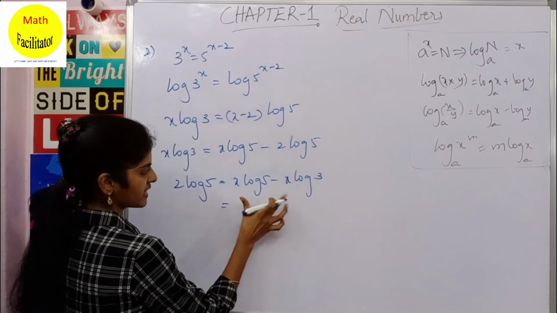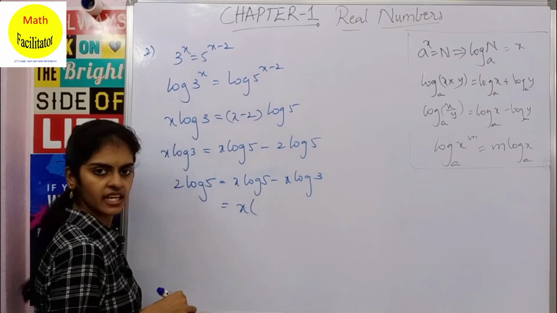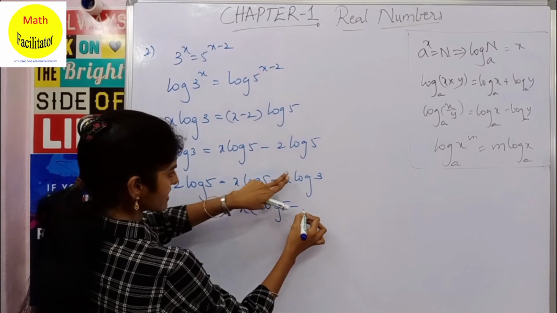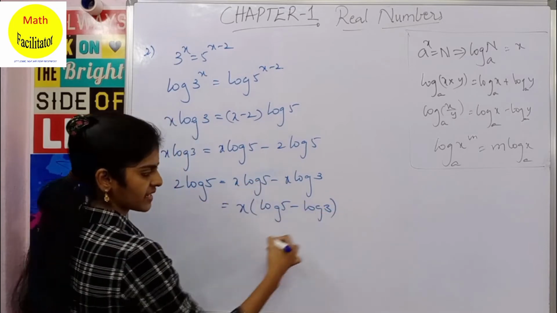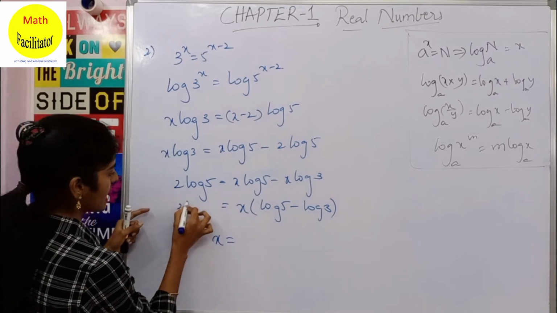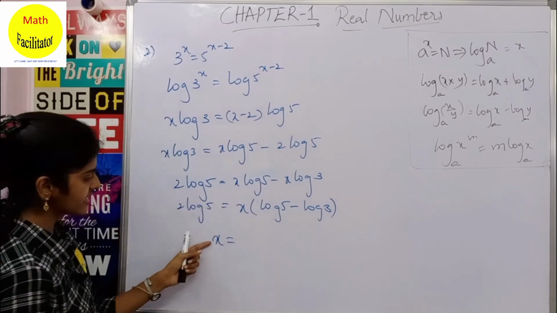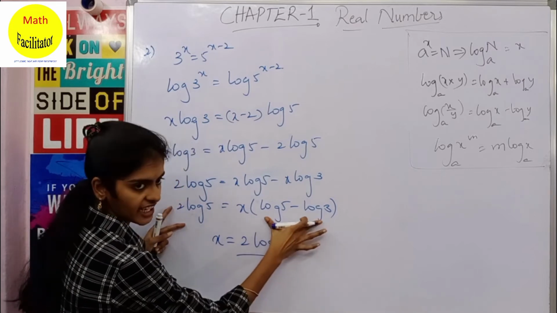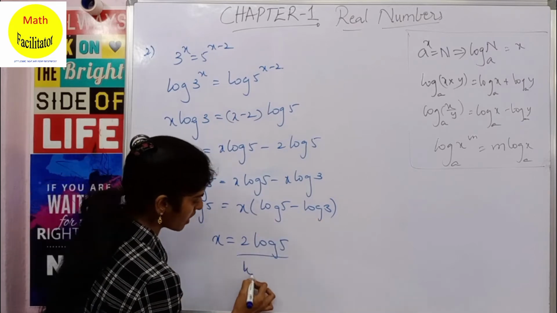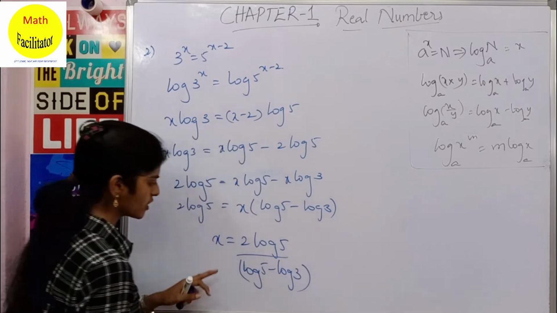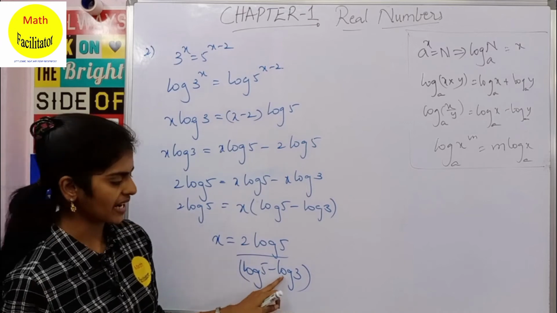Now from these two terms x is common. So if you take out x common, you are left with log 5 minus log 3. Clear? Now you want the value of x. So x is equal to 2 log 5. Now this is in multiplication. If it goes to the other side, it becomes division. So x equal to 2 log 5 divided by log 5 minus log 3.